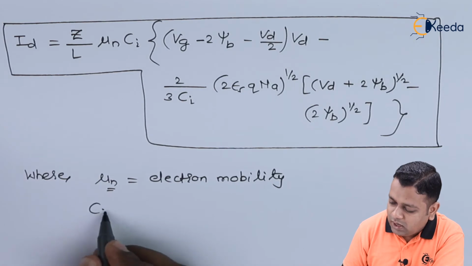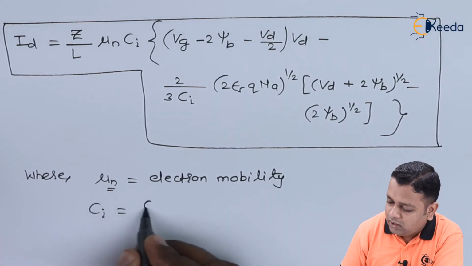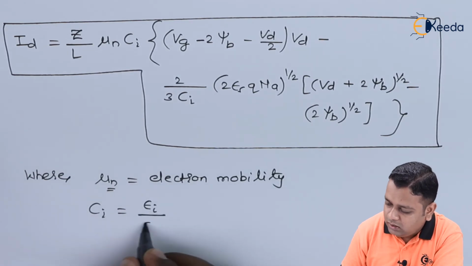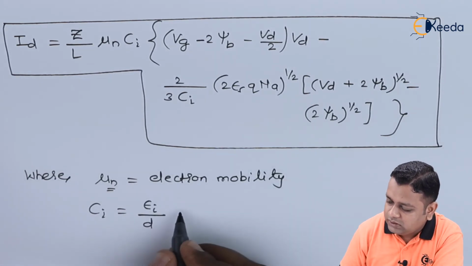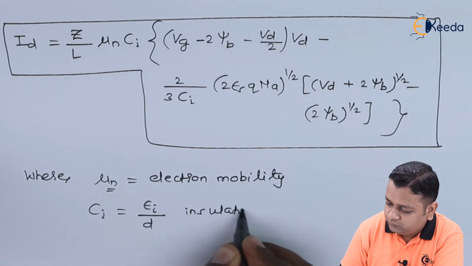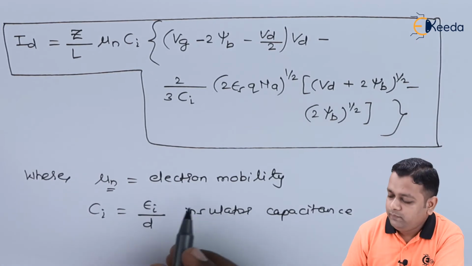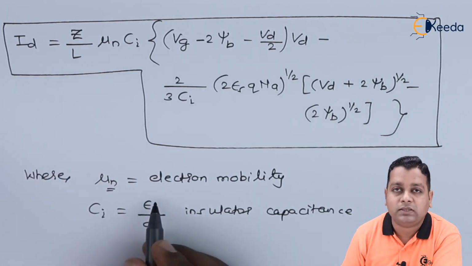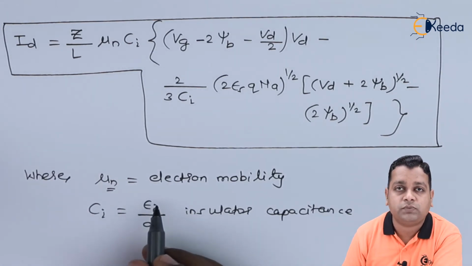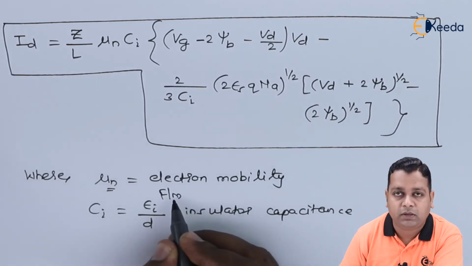So C suffix I is the capacitance that has been calculated by taking epsilon suffix I divided by d. So this is the insulator capacitance. Basically epsilon suffix I is the dielectric constant of the insulating material, measured in farads per meter.